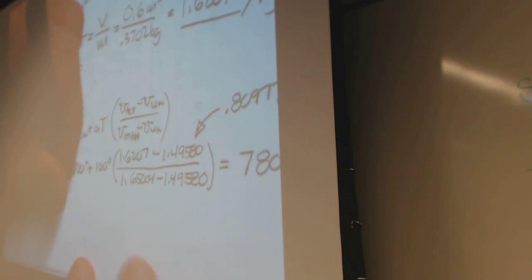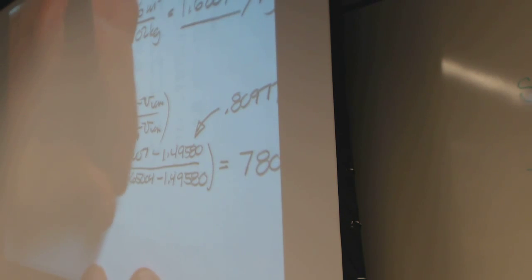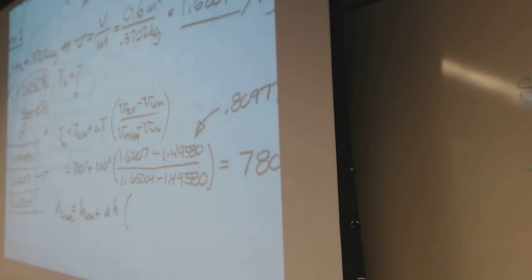So that means that my H final is going to be H low plus the delta H, which I don't know what that is. It's not 100.